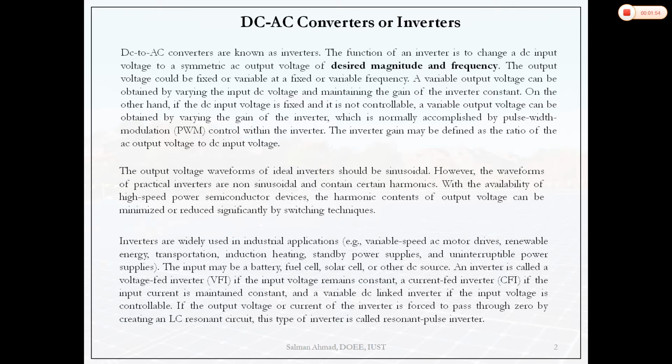That means you have to change a variable DC into a fixed AC, that is in accordance with the grid voltage and grid frequency, which is for single phase 230 volt and 50 hertz frequency.